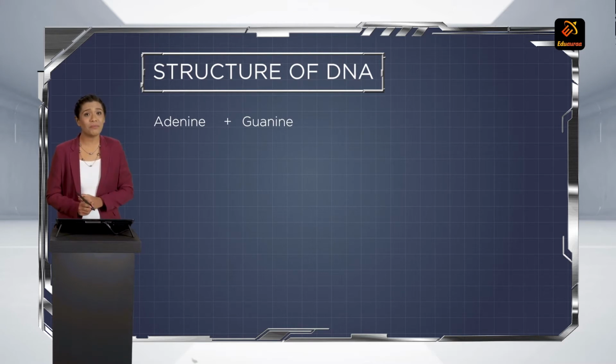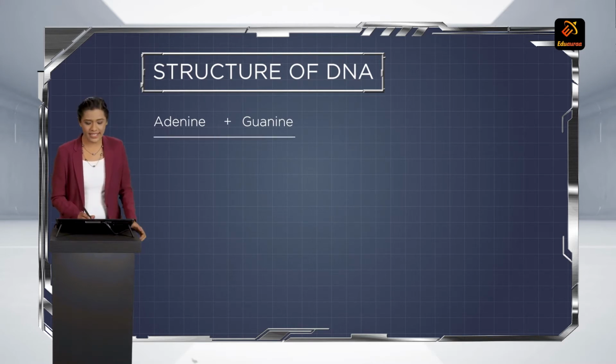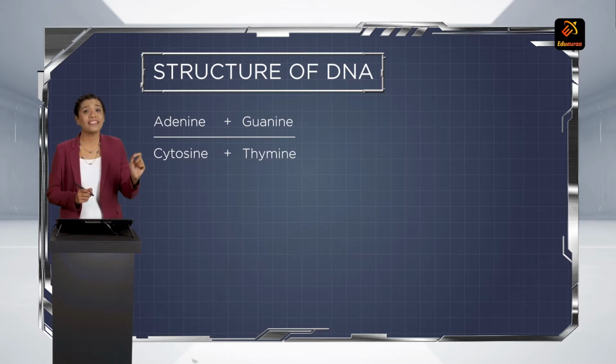And which are your pyrimidines? Your pyrimidines are cytosine and thymine. So the ratio of pyrimidines to purines is always 1. This is your Chargaff's rule.